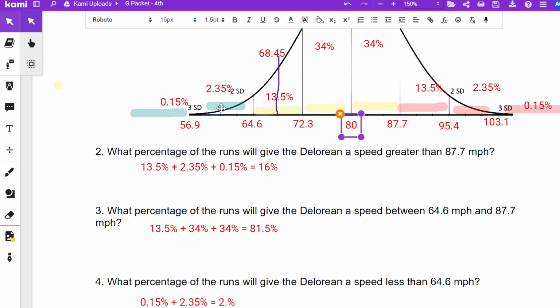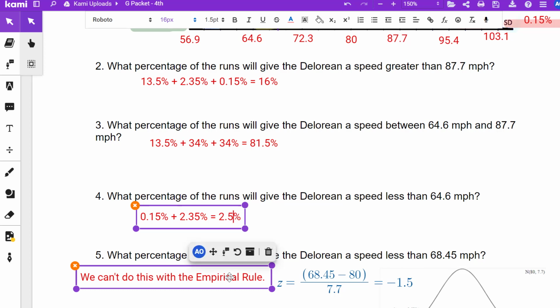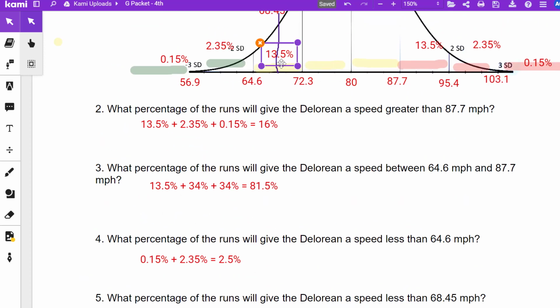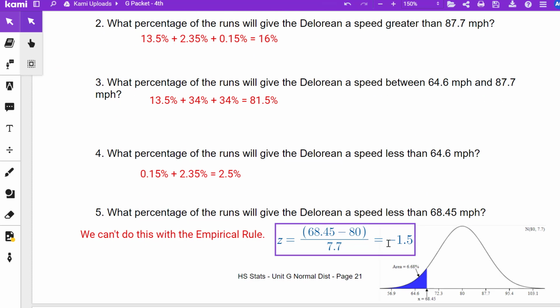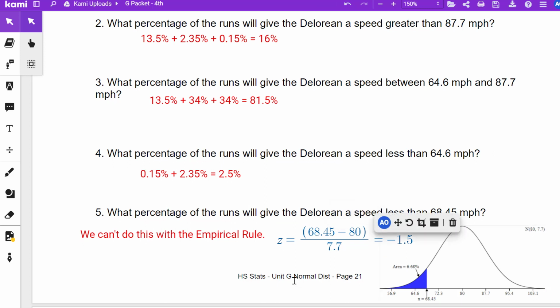Less than 64.6, so I have to add these two green slices and I get, oh, I dropped a half, 2.5%. And then they said 68.45, which is right about here. And it doesn't seem to line up well. It's about 1.5 standard deviations below. We really can't do it using the empirical rule.